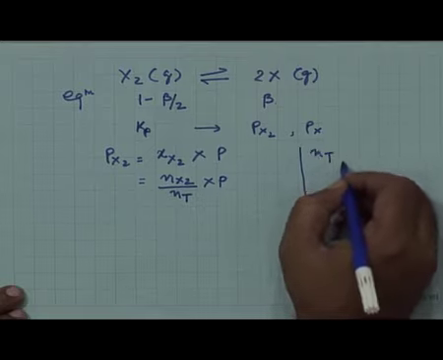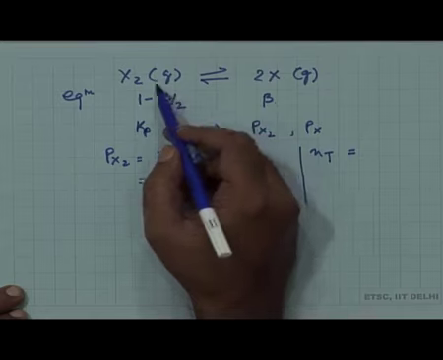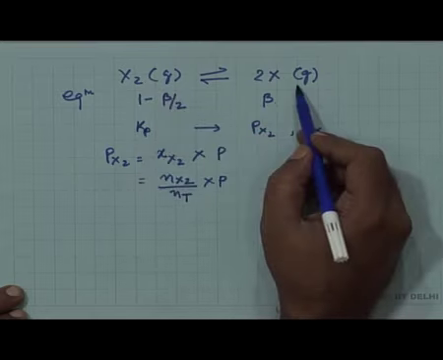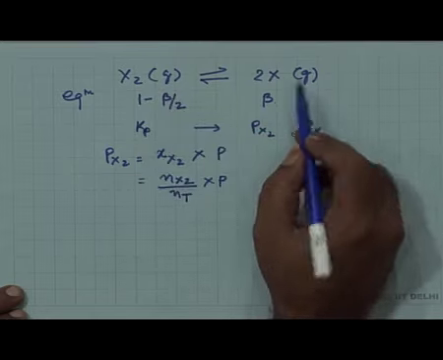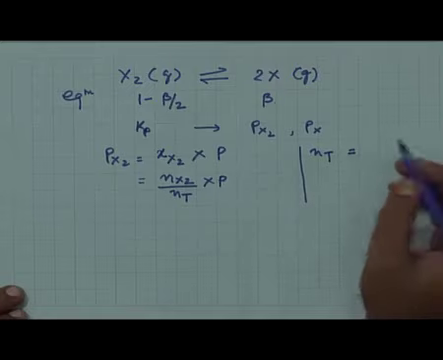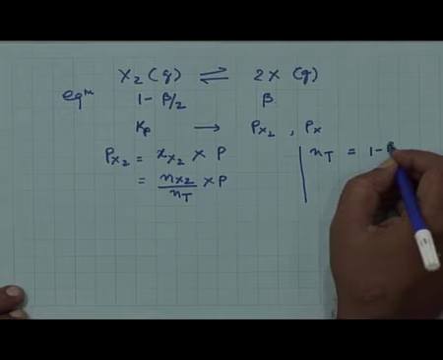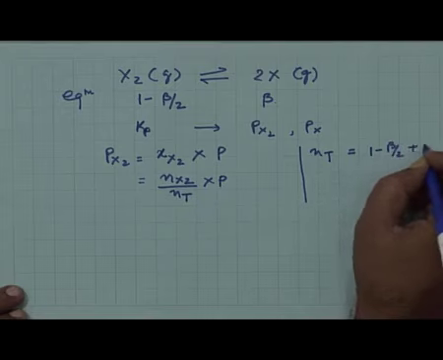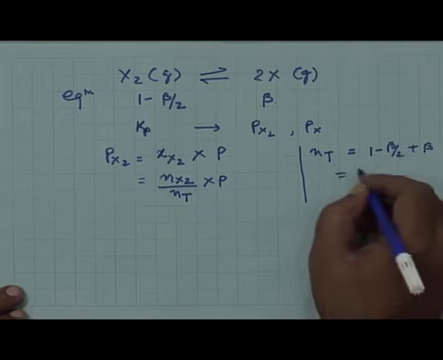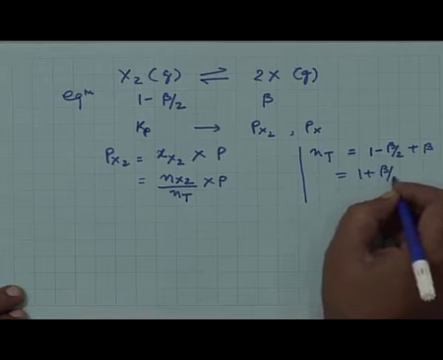Total number of molecules is number of moles of X2 plus number of moles of X. So, NT is equal to 1 minus beta by 2 plus beta, and this is equal to 1 plus beta by 2.